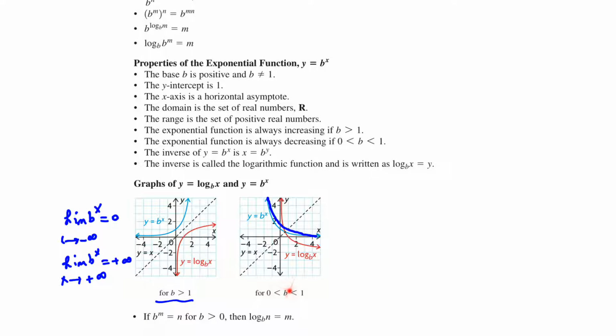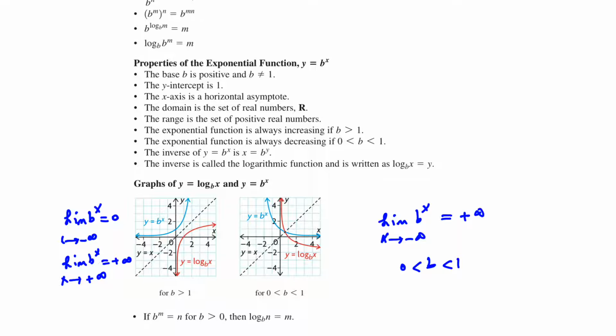Similarly, the limit of b to the power of x, when b is between 0 and 1 and x approaches infinity, is 0. The limit of b to the power of x when x is approaching negative infinity and b is between 0 and 1 is positive infinity. Again, we have this observation from the graph.